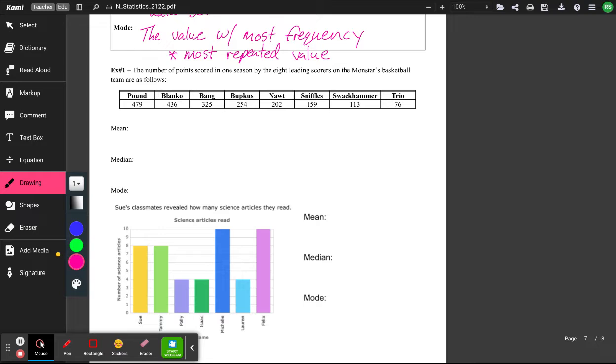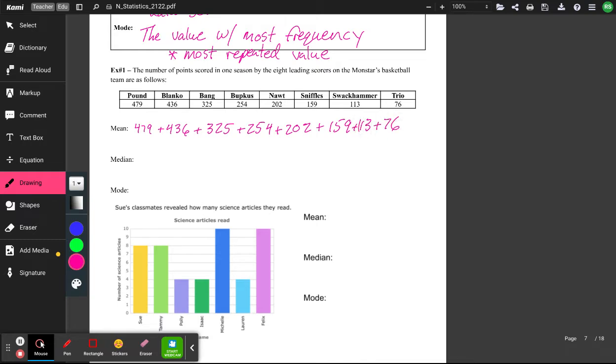So for the mean, we have 479 plus 436 plus 325 plus 254 plus 202 plus 159 plus 113 plus 76.